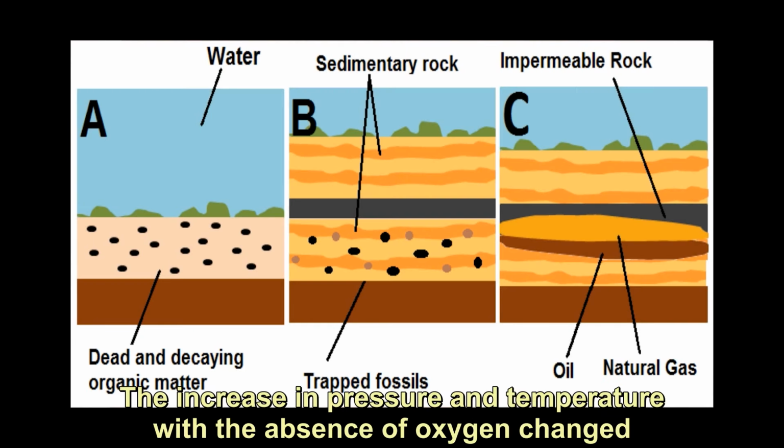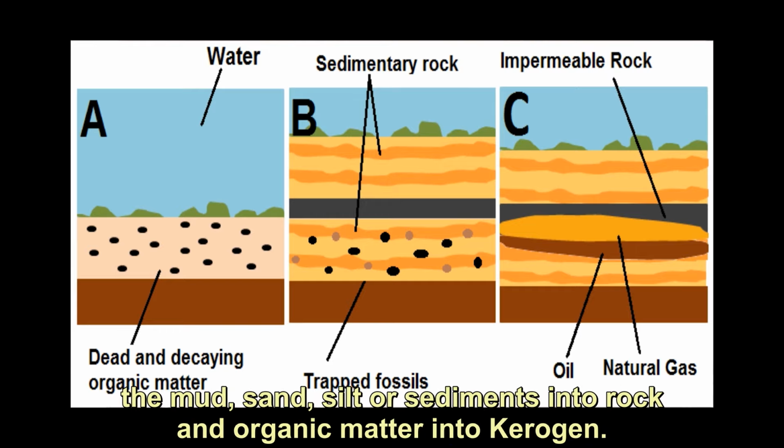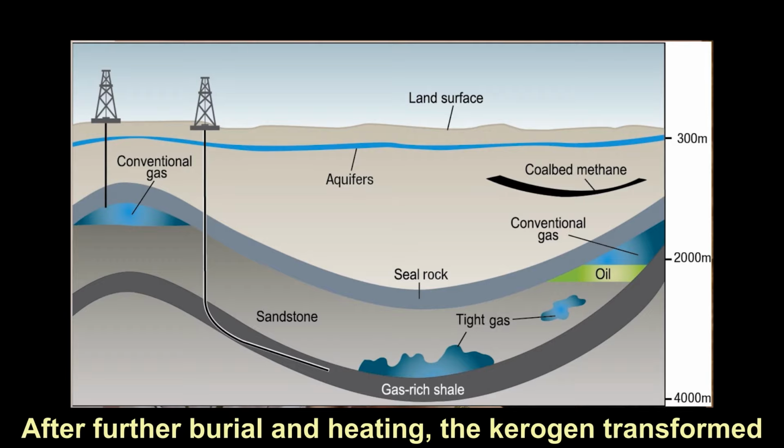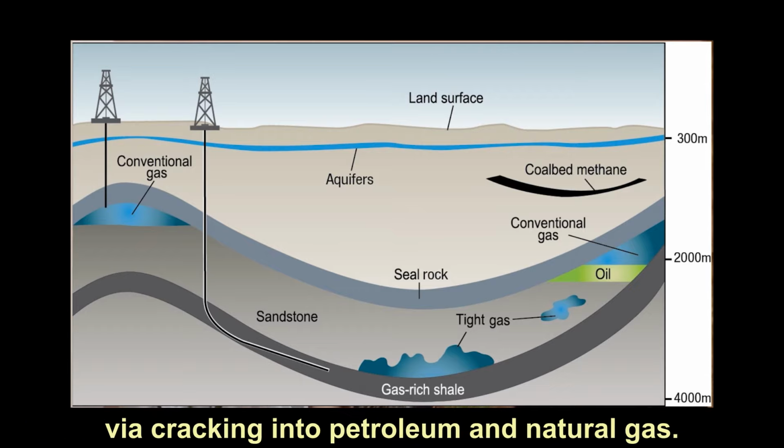So they increased in pressure and temperature in the absence of oxygen, changing the mud, shale, or sediment into rock, and organic matter into kerogen. After further pressure and heating, the kerogen changed into petroleum and natural gas.